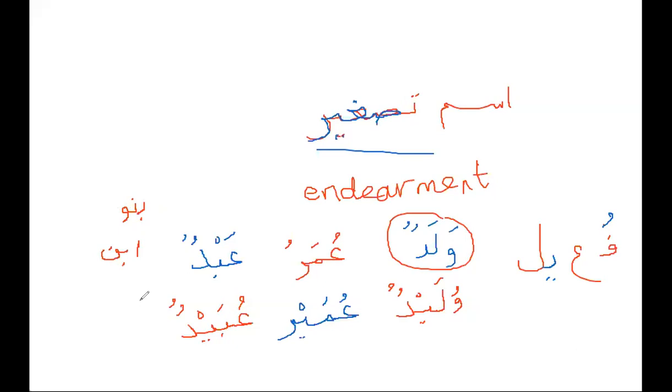So when this becomes a tasghir, as Abu Hassan is asking, the ba takes the dhamma, the noon is already there, and you've got the shadda on the ya: Bunayyun. And in the Quran, Allah Ta'ala says, Ya Bunayya. He said that Luqman alayhi salam said, Ya Bunayya, if I'm not mistaken. Meaning, oh my son. Tayyib.